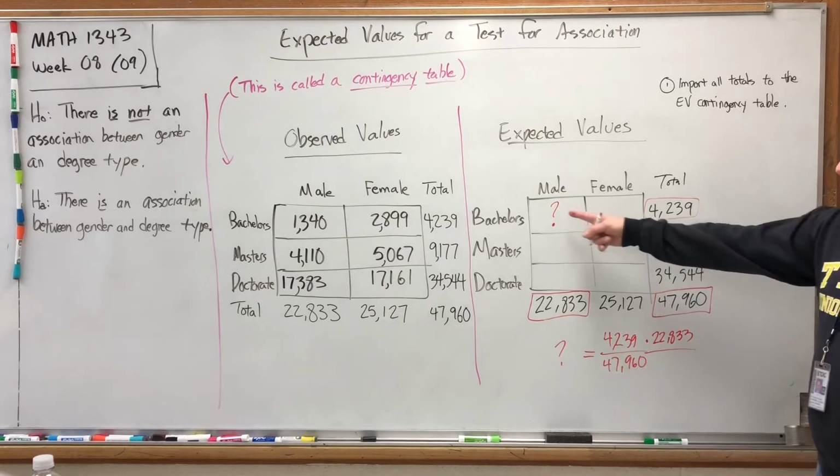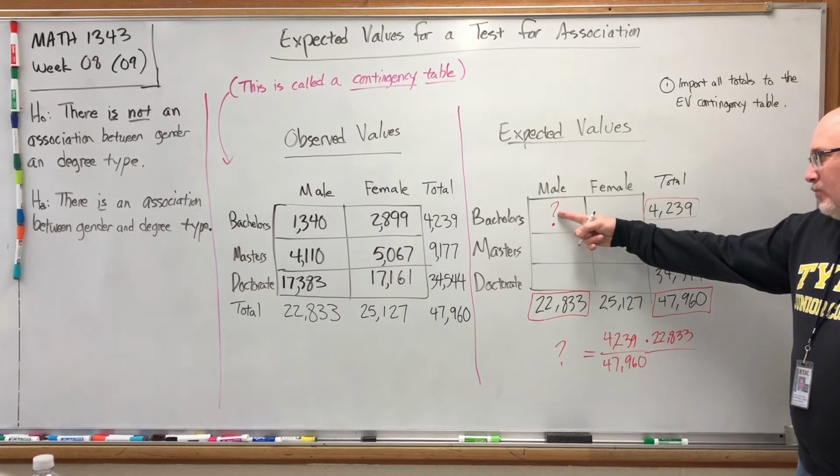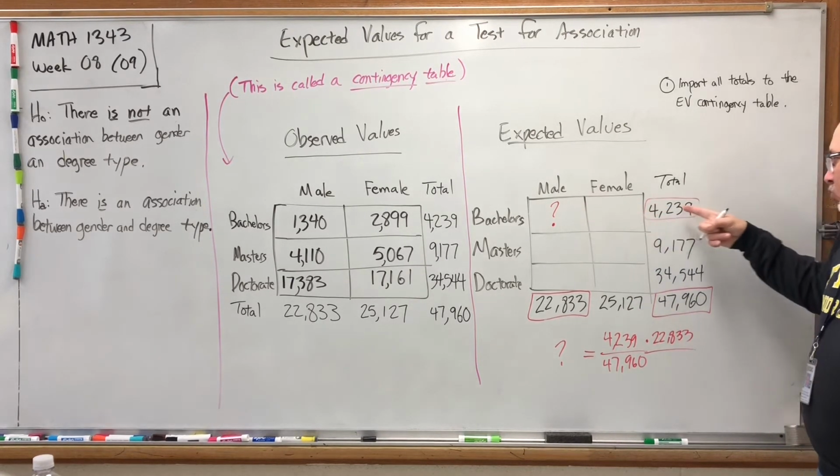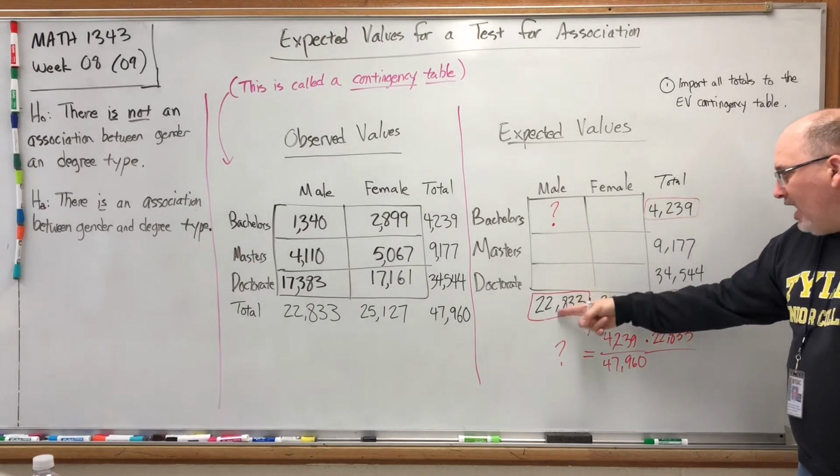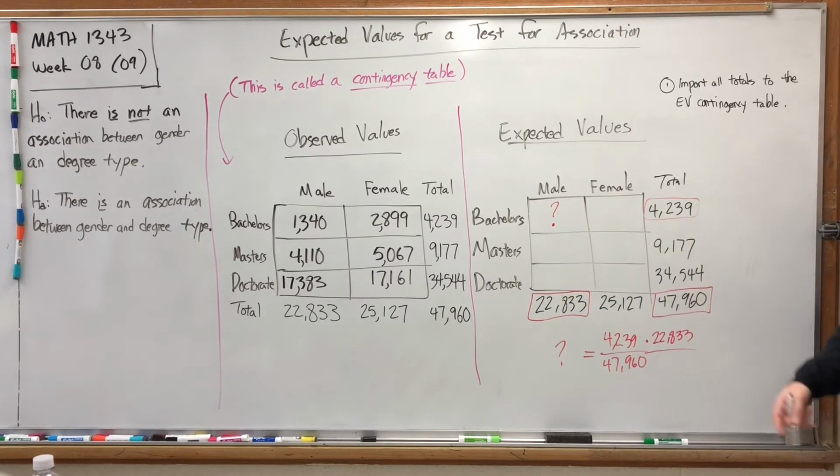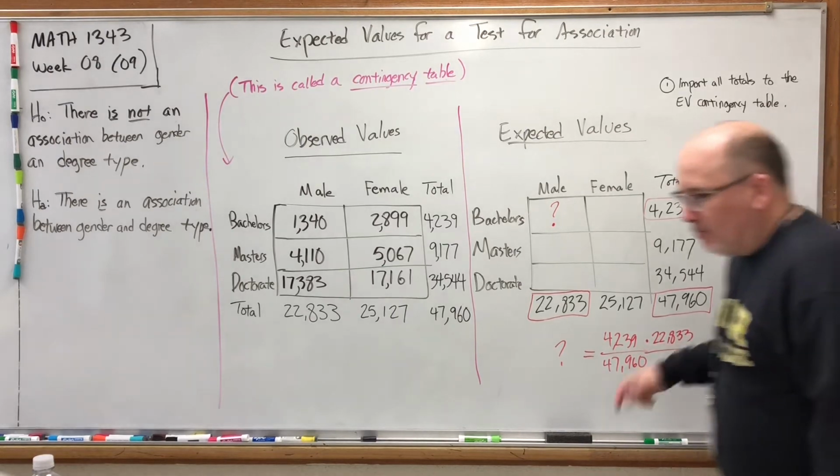So in other words, this cell's expected value is the product of its row total and its column total divided by the grand total.